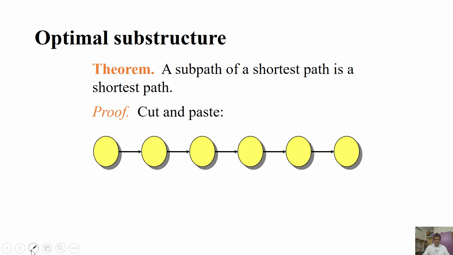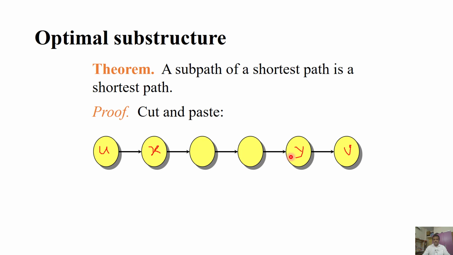So, if we are given a shortest path from u to v, and we consider a subpath between x and y, our claim is this subpath is a shortest path from x to y.